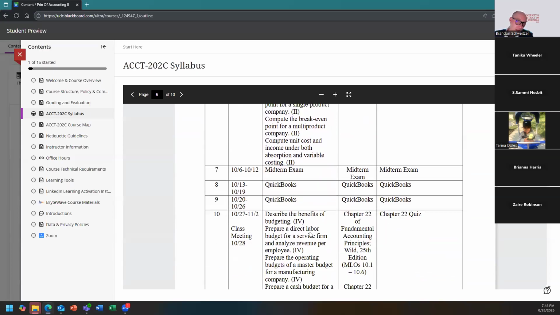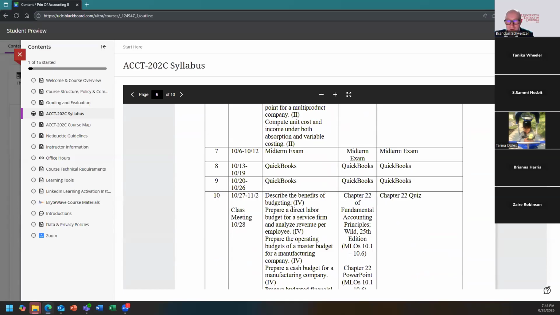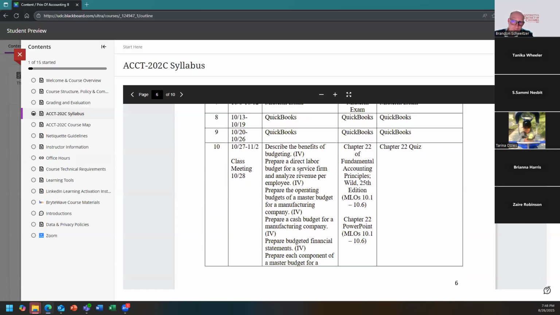Then there are a couple of days where there's not much going on. Like I said, October is going to be a nice month. We have the midterm exam, then we have two QuickBooks LinkedIn Learning Certificates, so we don't have to worry too much about meeting those weeks. Then we jump right back into it.